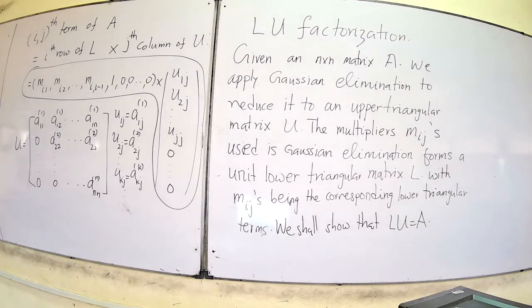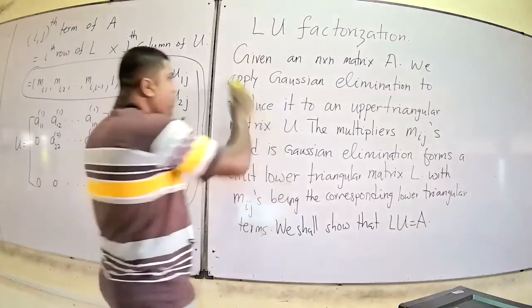Now i is different and j is different, so you can have two cases. One is i might be smaller than j, or i might be bigger than j. So you have to verify this multiplication in both cases. Let us do one by one.